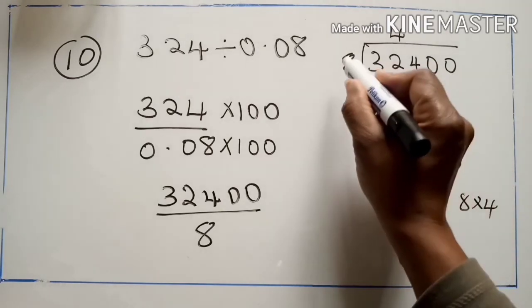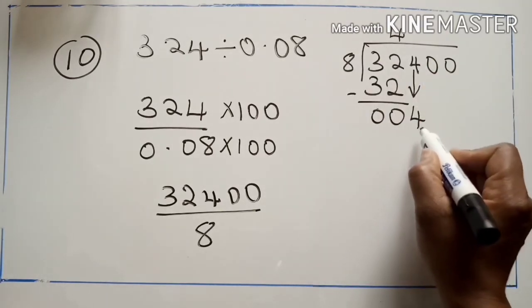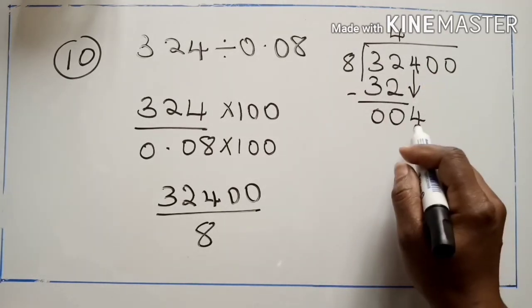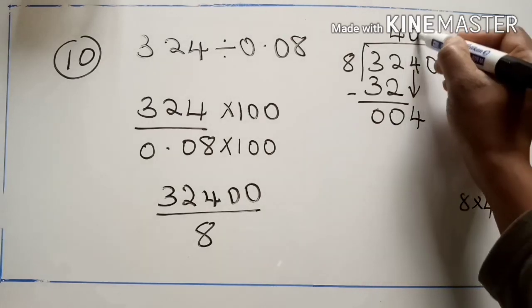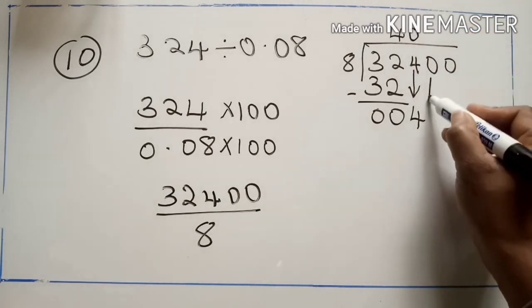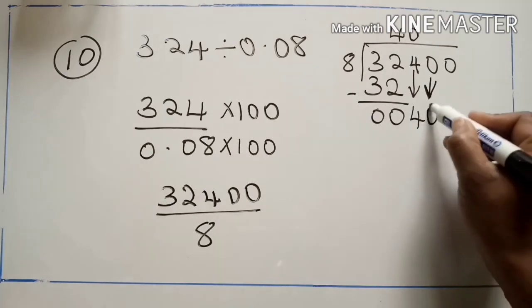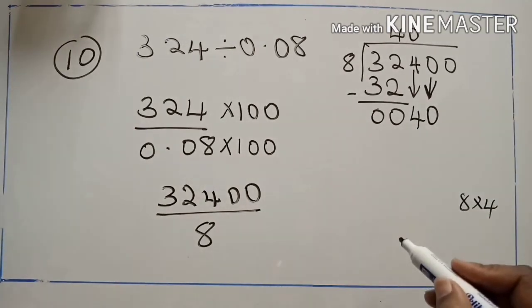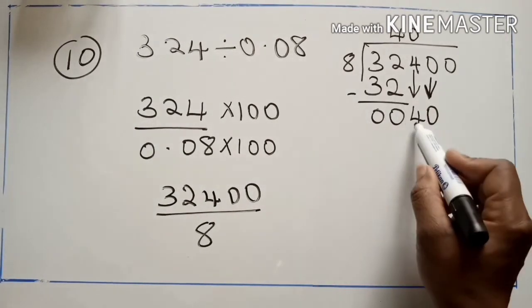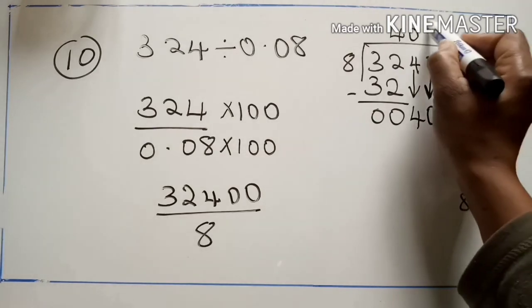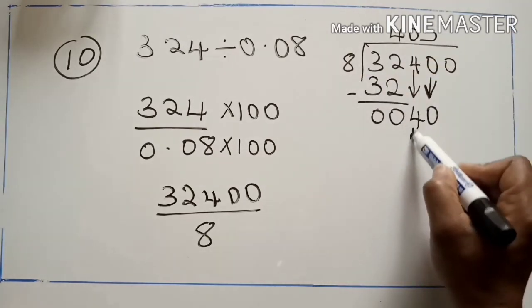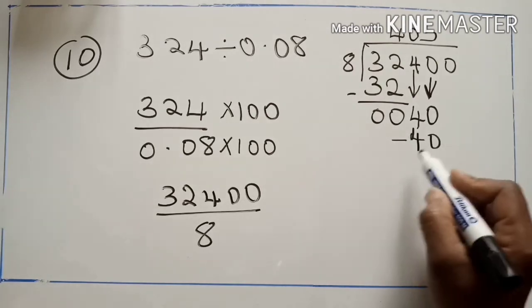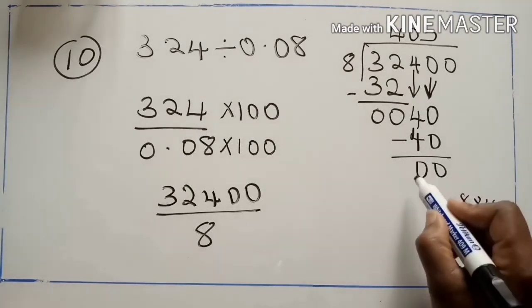How many 8s go into 4? Impossible. So we will put a 0 in our answers line and drop the 0. How many 8s go into 40? 5. 8 times 5 is 40. Subtract your 40 so that you have zeros.